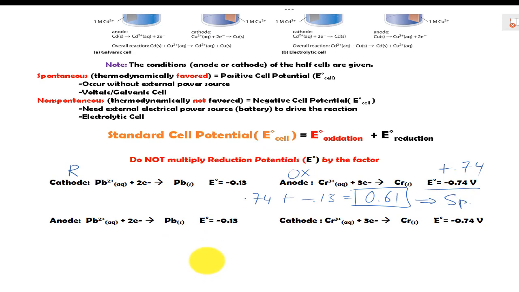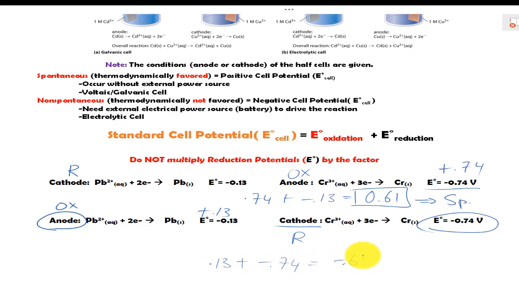Now what happens when I reverse the condition? I make lead the anode, which is oxidation, so this is going to be plus 0.13, and this is your reduction, so this stays the same. So we have oxidation plus reduction, which is 0.13 plus negative 0.74, that gives us a negative 0.61 volt. If this is negative, therefore this has to be a non-spontaneous redox reaction.